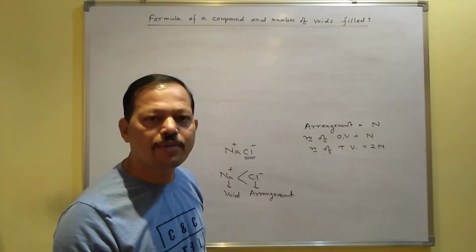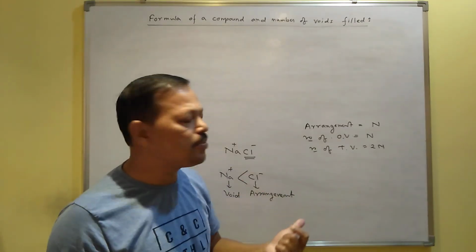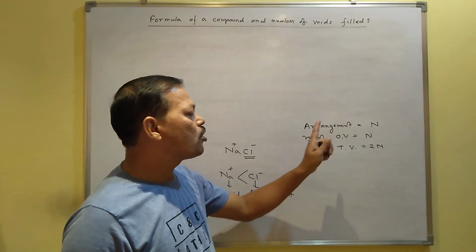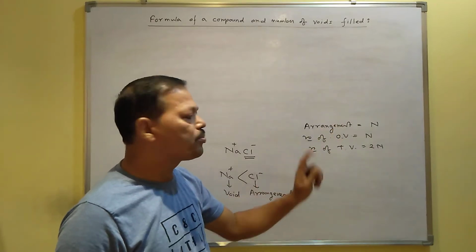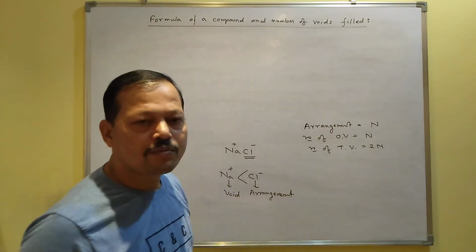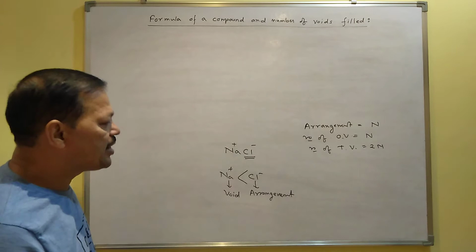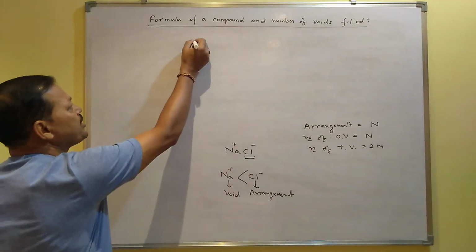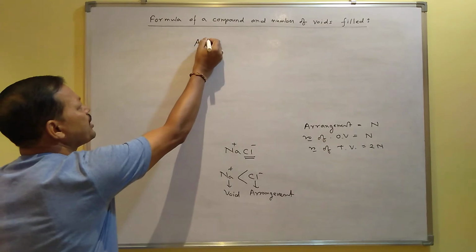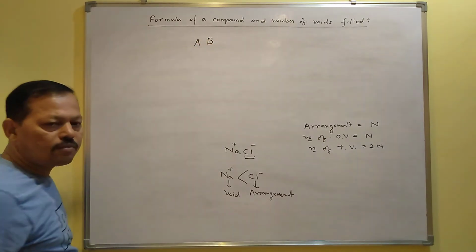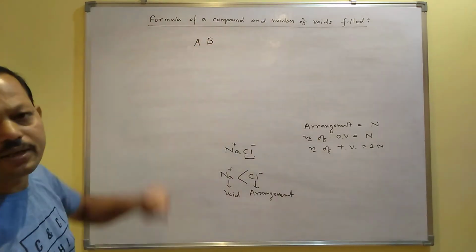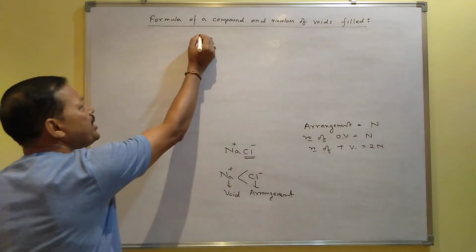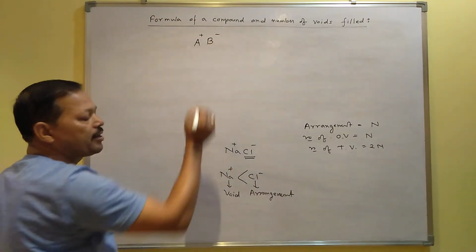If you arrange 1000 marbles, if you arrange 1000 particles, then the number of octahedral voids will be 1000, and the number of tetrahedral voids will be 2000, double the arrangement particles. For example, suppose there is a solid whose formula is AB, and here we consider A is cation, B is anion.